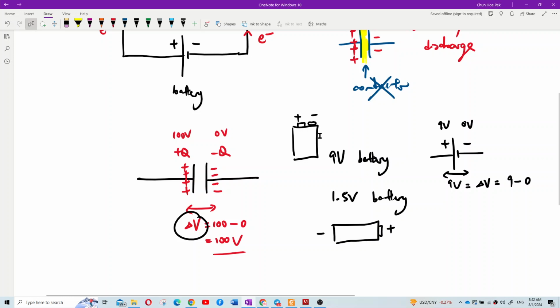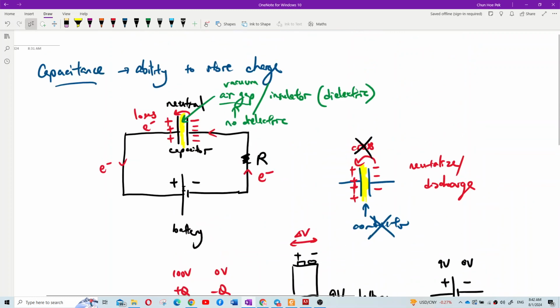There is a delta V between the two terminals: the negative terminal is 0 volt, the positive terminal is 1.5 volt. So this is how we charge our capacitor using a battery.